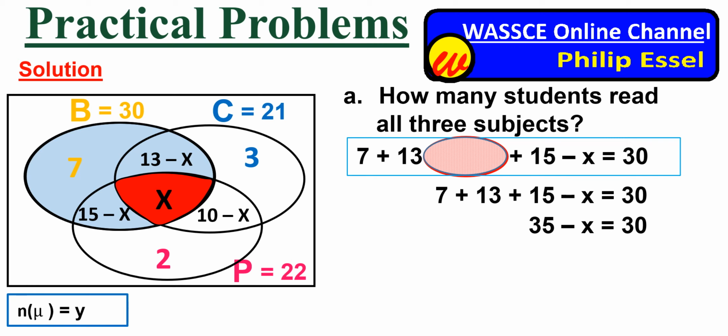So we therefore have 35 minus 30 equals to x as our new linear equation. 35 minus 30 would give us 5. So therefore x equals to 5.